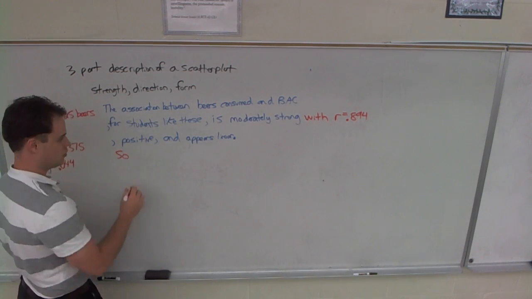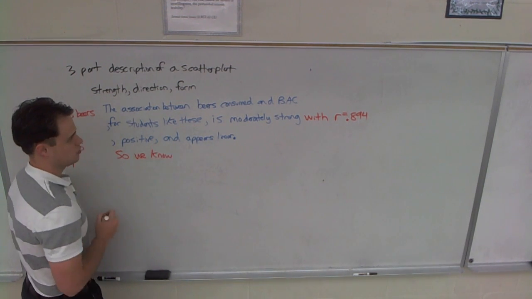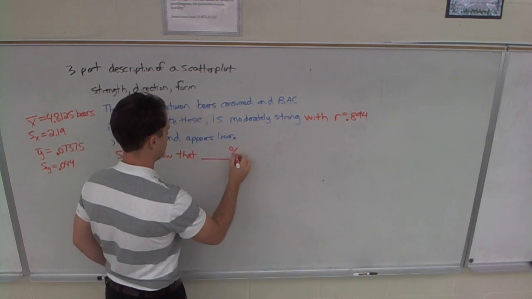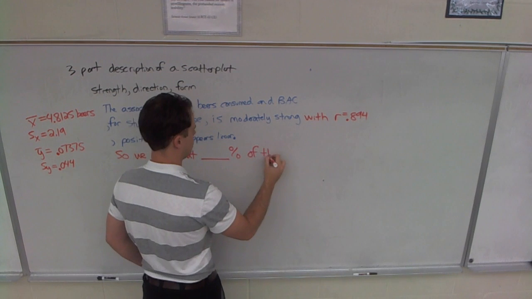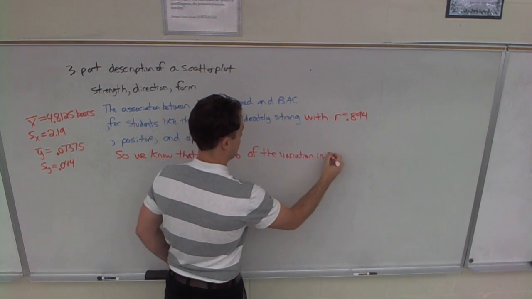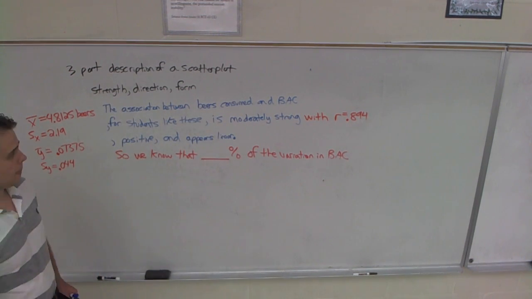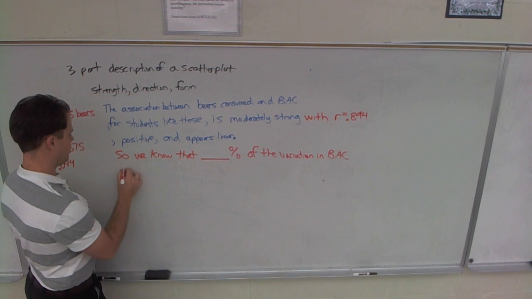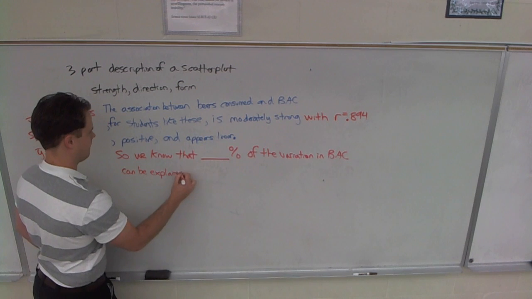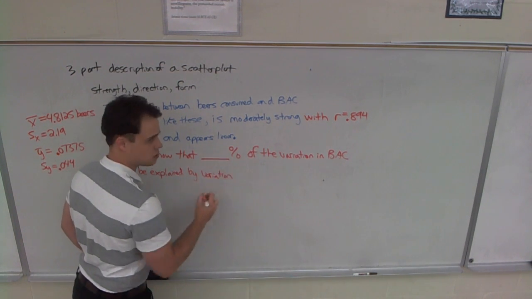So we know that blank percent of the variation in the blood alcohol contents that were measured by the breathalyzer can be explained by variation in whatever they did to these poor kids.